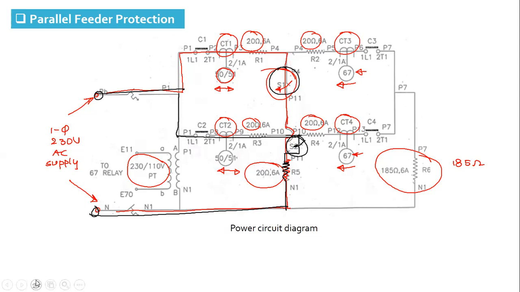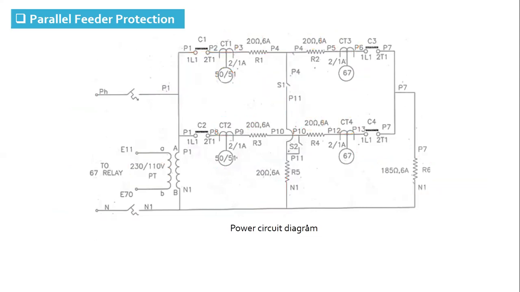The control circuit is very similar to the one we discussed previously in radial feeder protection. The only difference here is that we have four different control logic circuits for relay 1, relay 2, relay 3, and relay 4.